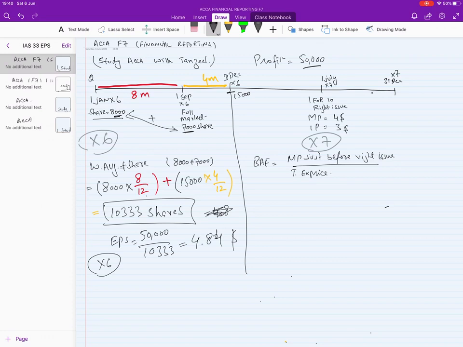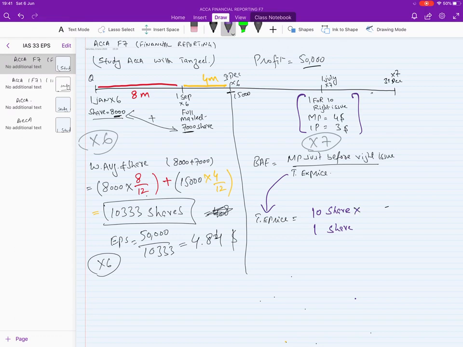We will calculate the theoretical ex-rights price here. We need this data now. We have 1 for 10. It means whoever has 10 shares will get 1 share at a lower price. What is the price?